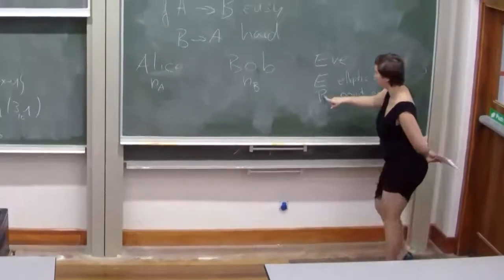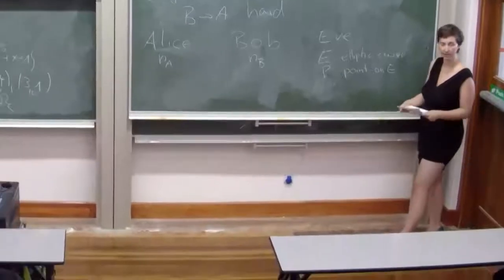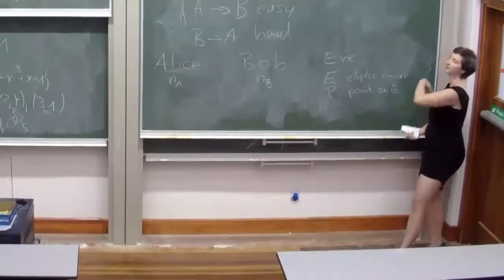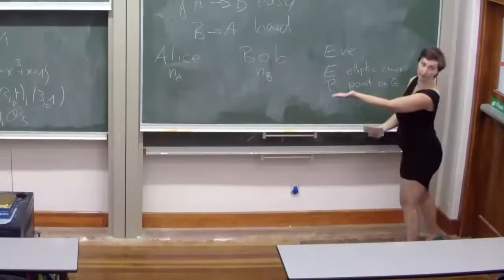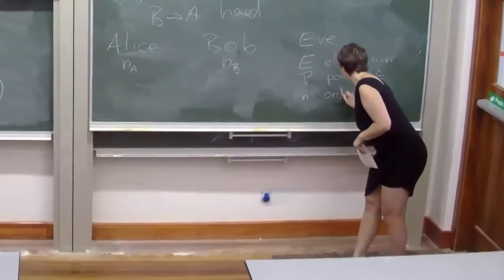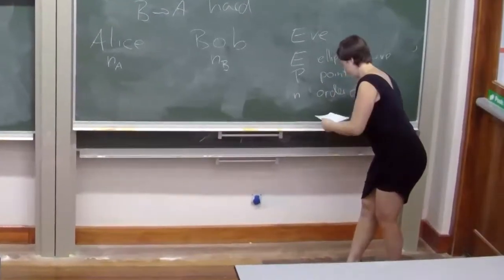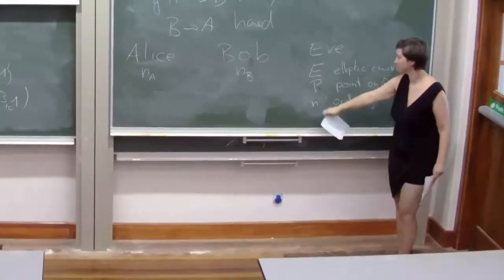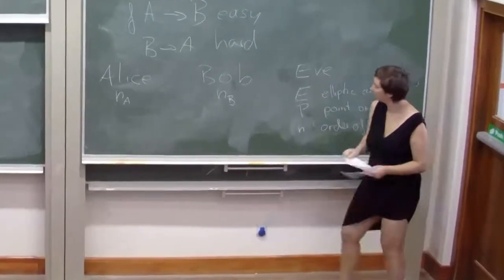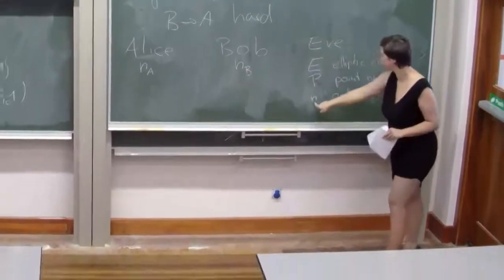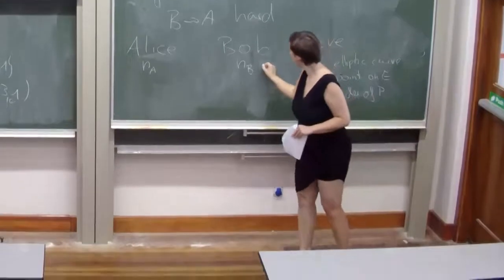And we have the order n of the point, which is just the number of times you have to add it to itself until it becomes this crazy point at infinity. Okay, so Eve knows all this public information, and Alice and Bob only have their numbers, and they are smaller or equal to n.